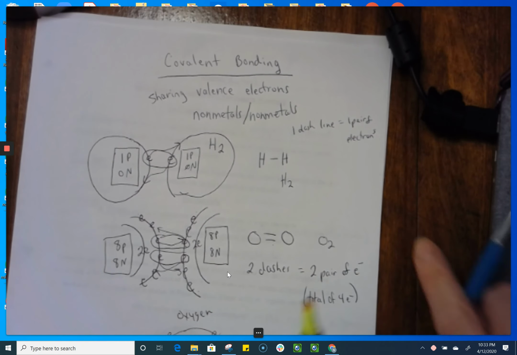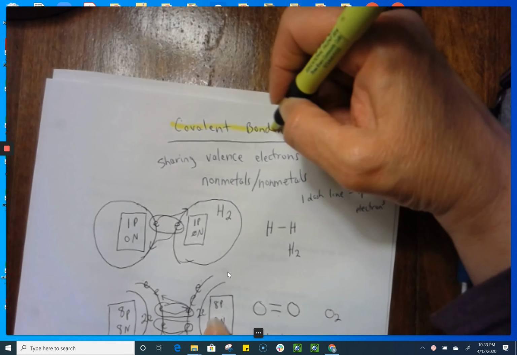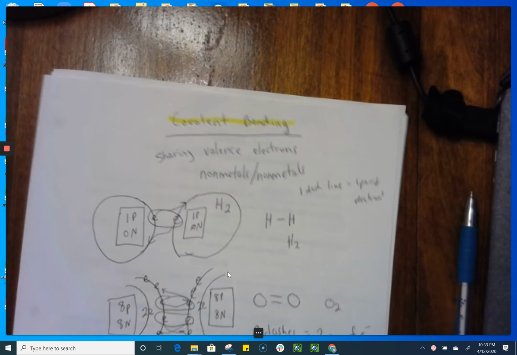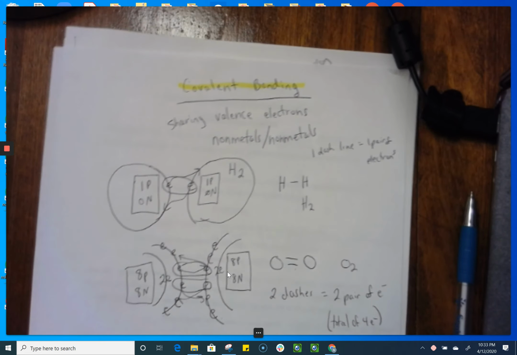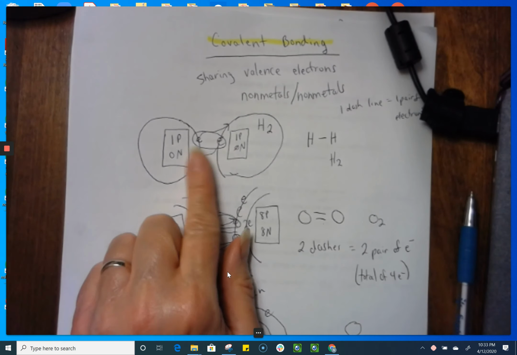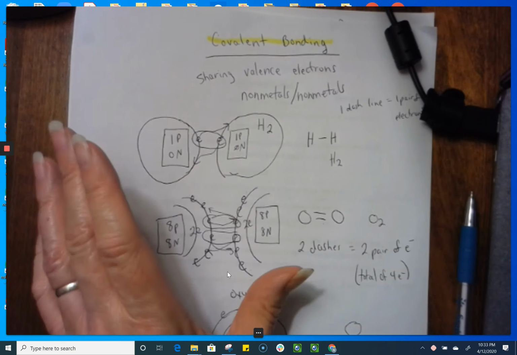In covalent bonding, they are also trying to achieve stability by having their outermost energy levels filled. I drew an example of 2 hydrogen atoms. They each have 1 electron apiece. They're the same size atoms.